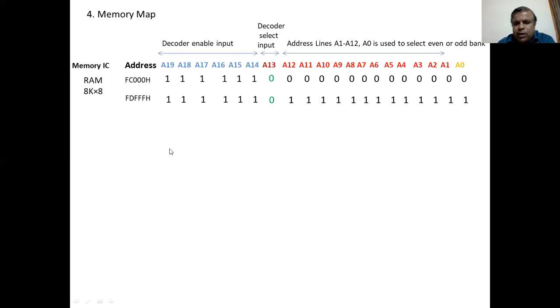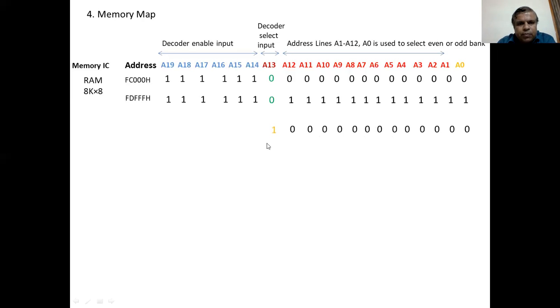Okay, similarly calculate the starting address and ending address of the ROM. So the ROM you can place immediately after this RAM. If you add 1 to the ending address, you will get the starting address of the ROM. Instead of that, to know the starting address of the ROM, you fill all zeros from A0 to A12.